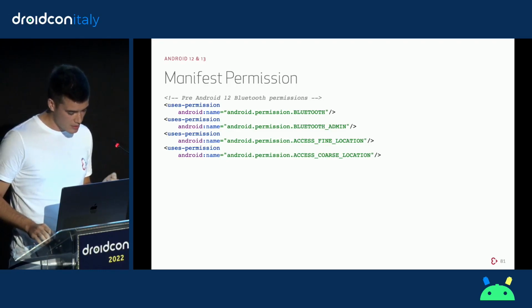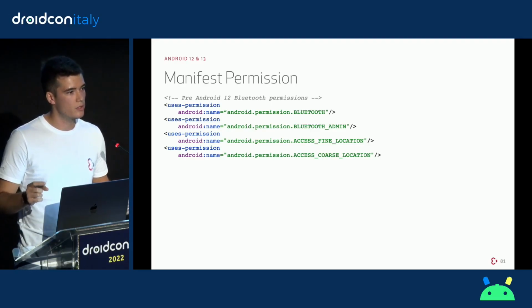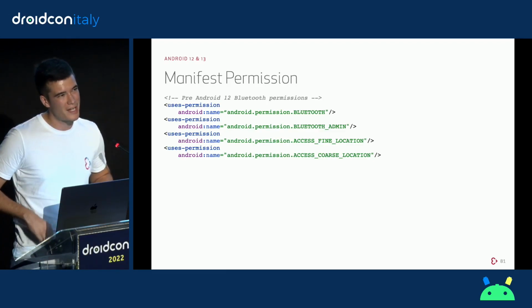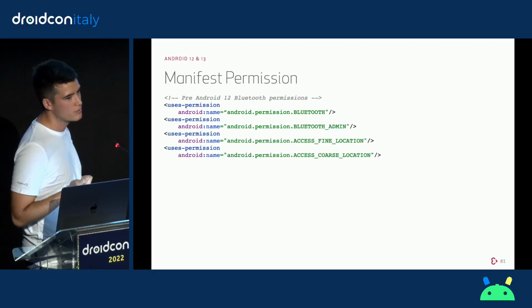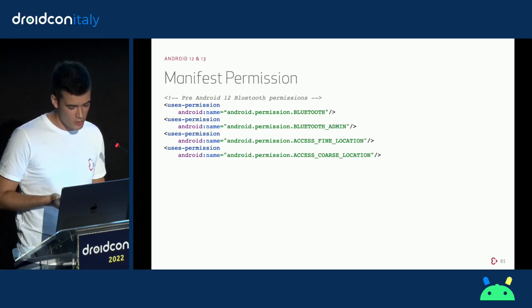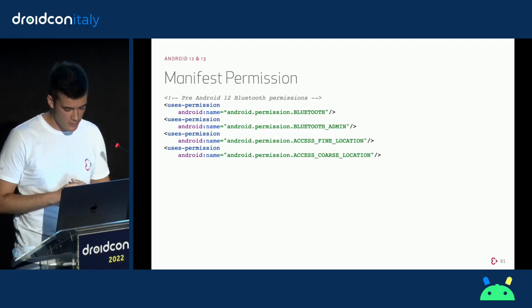The Bluetooth admin permission to initiate the device discovery, which you also need if you do pairing with your device. And also the location permissions, which were not ideal from a user perspective because you're building a Bluetooth application, not a GPS application. So asking for location permissions was not so cool from a user perspective.